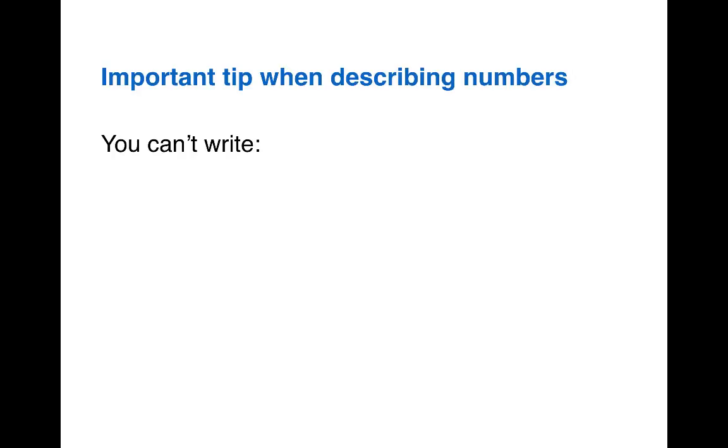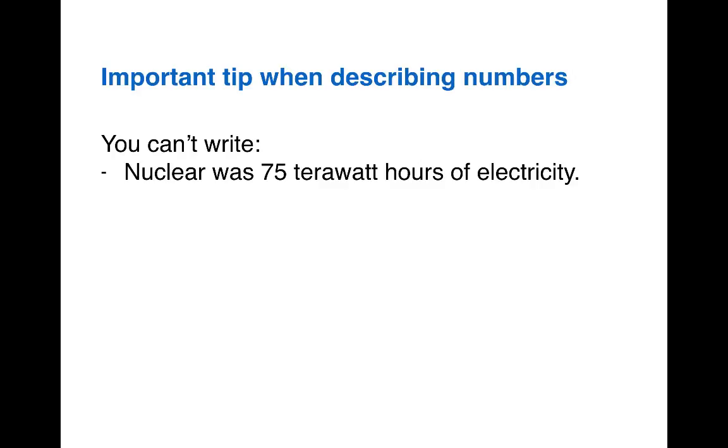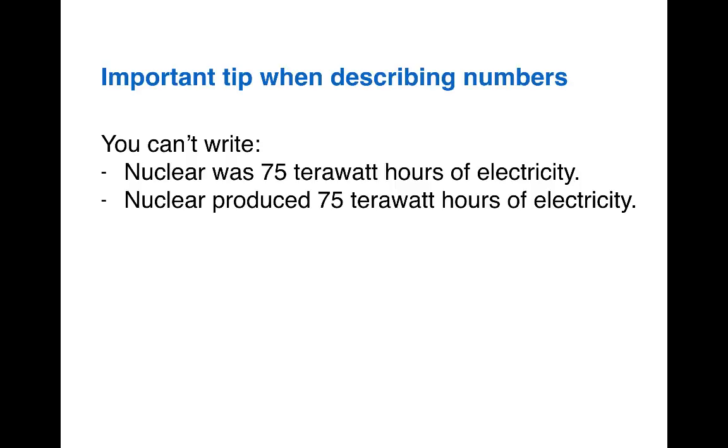You can't write nuclear was 75 terawatt hours of electricity, and you can't write nuclear produced 75 terawatt hours of electricity. It doesn't make sense just to use the word nuclear and the verb like that. You need to think carefully and don't just use the word you can take from the graph. You might need to change it. Here's what you should write.